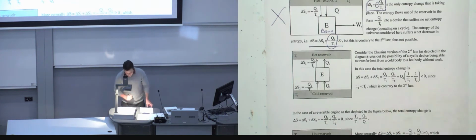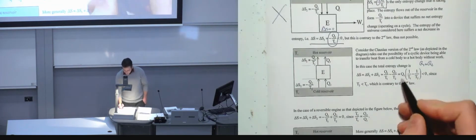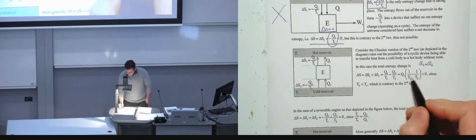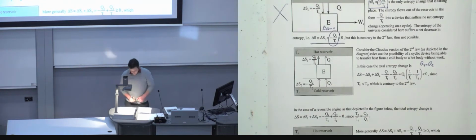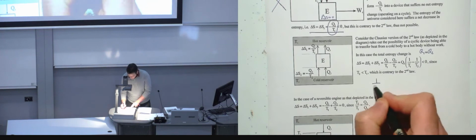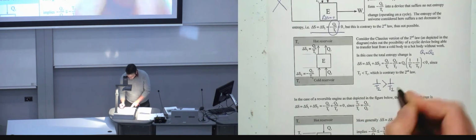When you add them up together, assuming that, for example, Q1 is equal to Q2, then you can factorize it with respect to Q1, and then you get that fraction. And again, we know that that's going to be less than 0. The reason is that 1 over T2 is going to be bigger than 1 over T1.